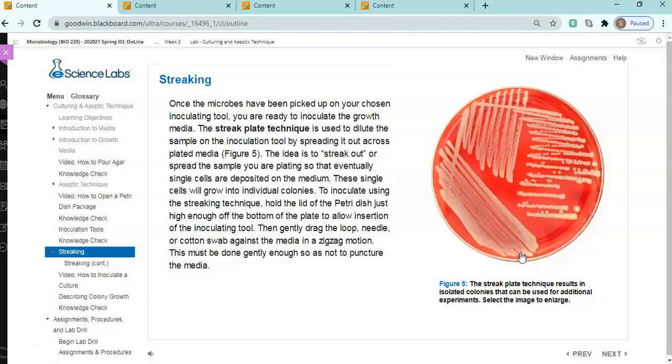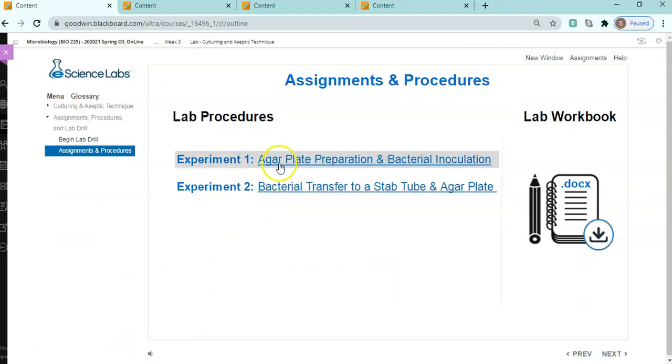The streak plate technique is really a dilution to allow us to spread out a particular microbial sample on the surface of the agar plate. For this lab, again, make sure that you get in and you unpack your two labs and be familiar with the procedures, especially the types of stab tubes and agar plates that were used to grow microorganisms.